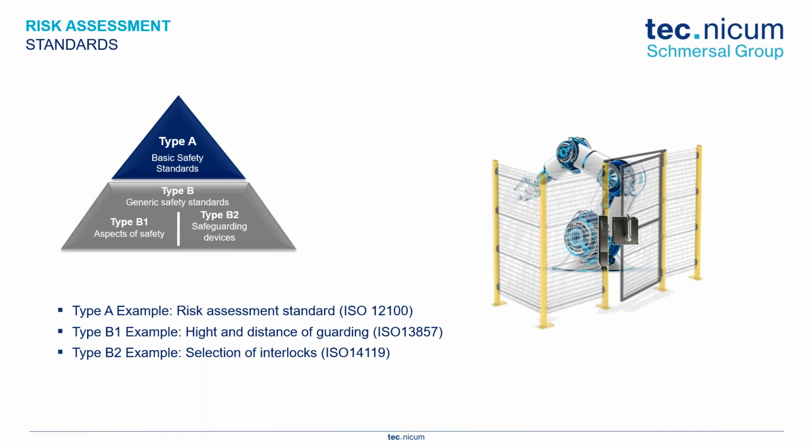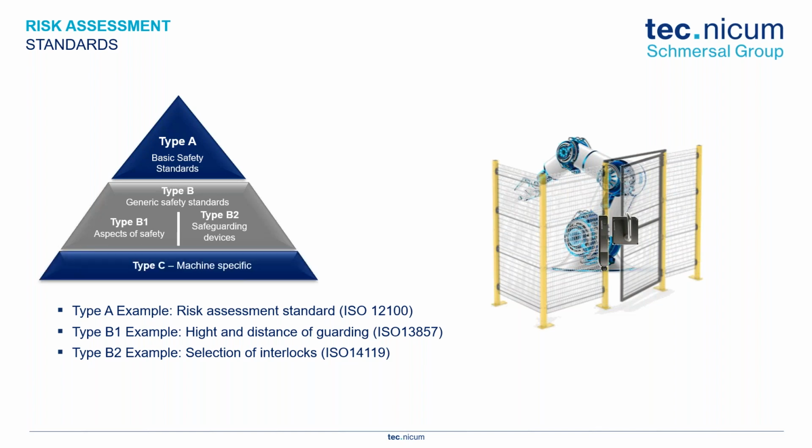There is also a Type C standard, which looks at a specific type of machine. For this example, with the robot, right, there is a standard that looks at industrial robots, which is ISO 10218.